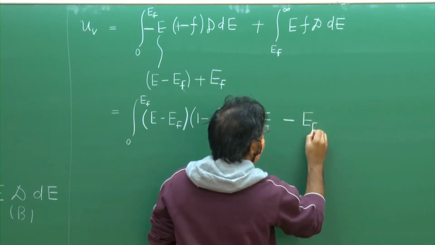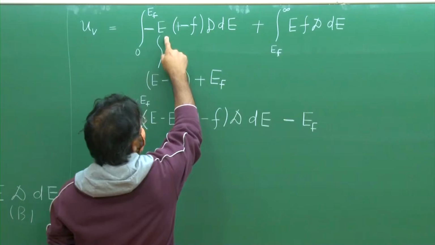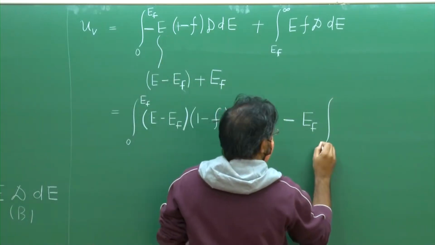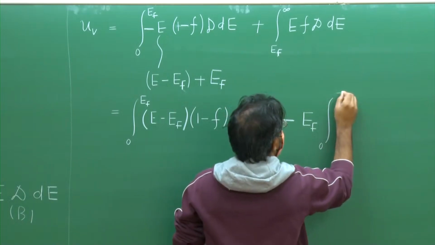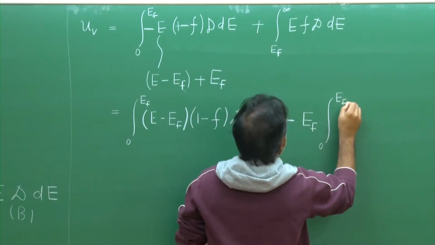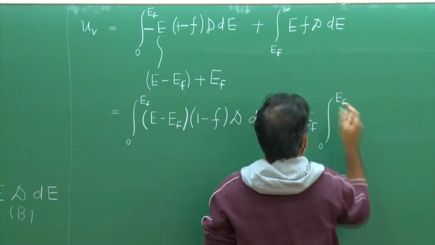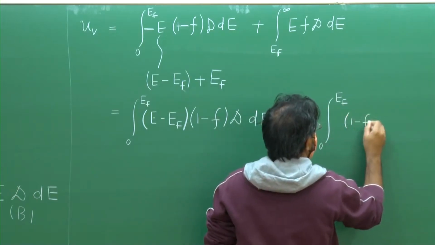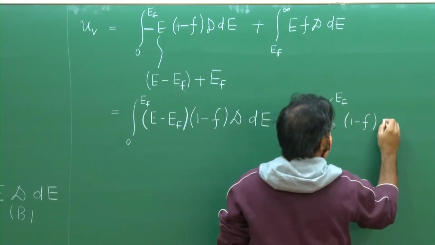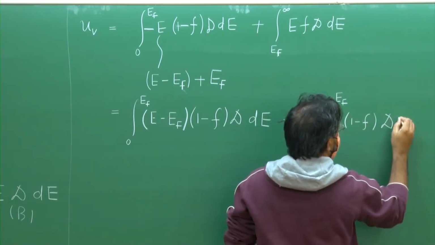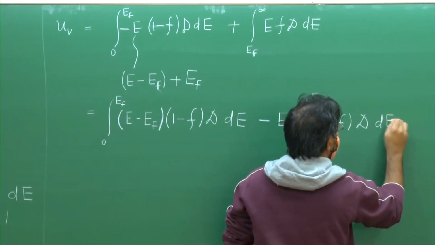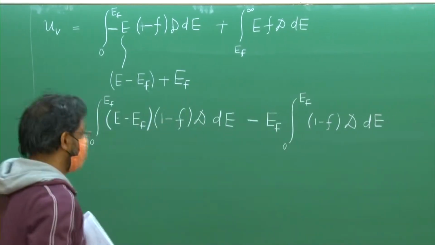Second integral will come from here, minus EF, EF being a constant, it will come out of the integration sign, and what will remain inside is just 0 to EF, and then you have 1 minus F and then d dE. Is this clear? Makes sense?